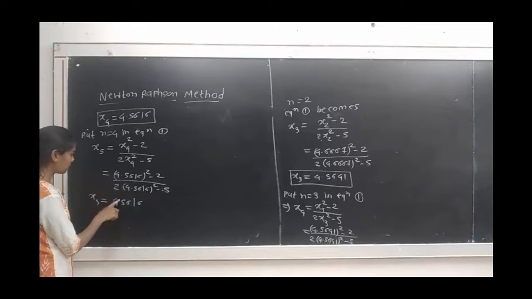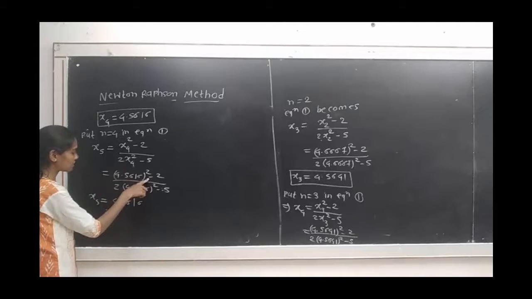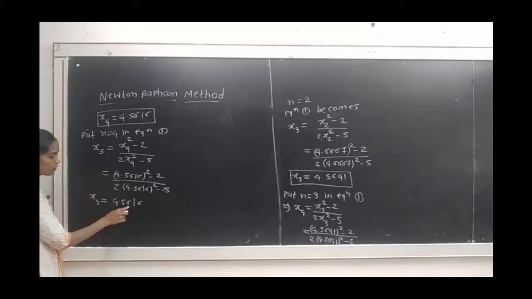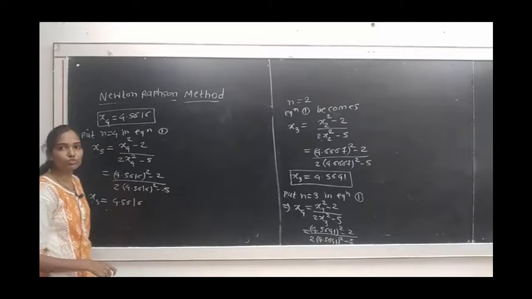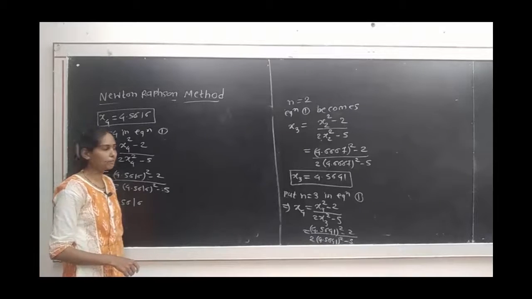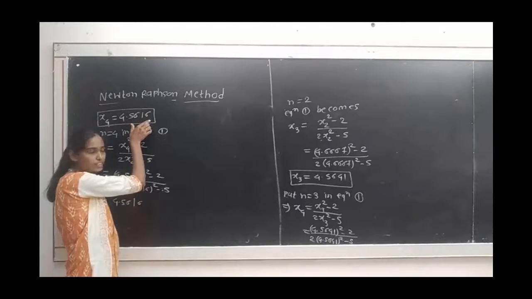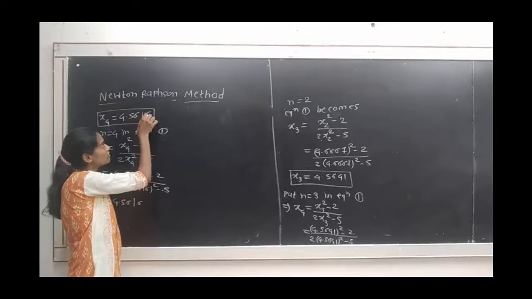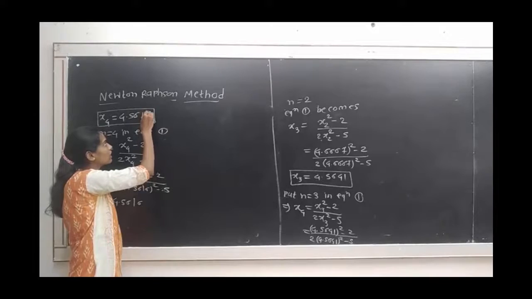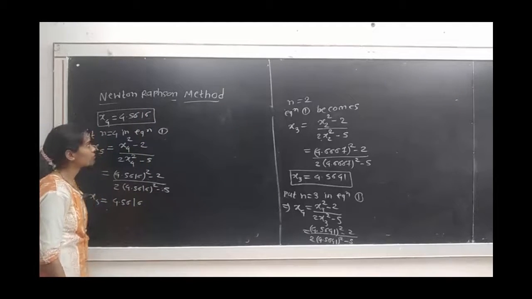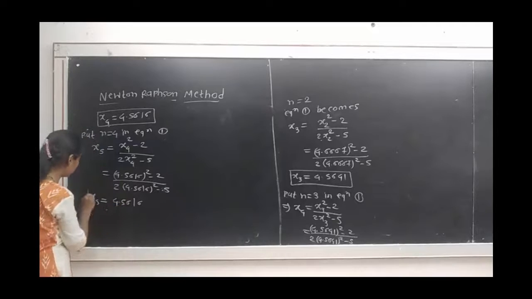Here we use the process of rounding off, that is, we only consider 4 digits after the decimal and delete unwanted digits by rounding off. So we get this value.